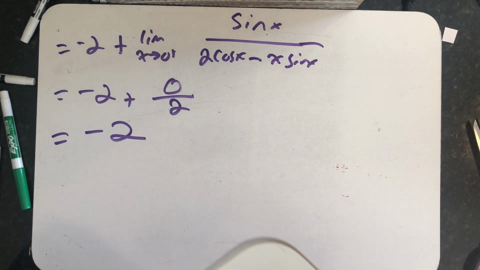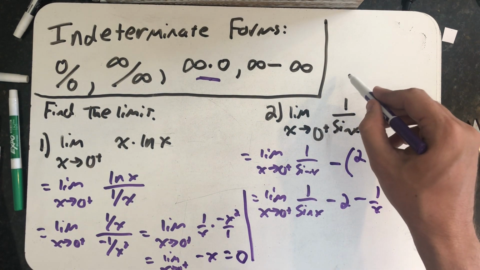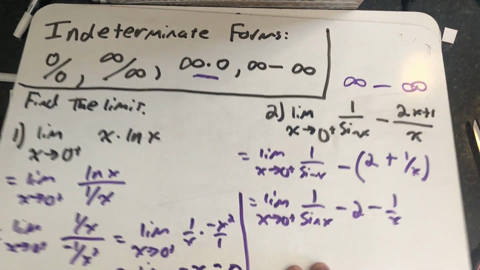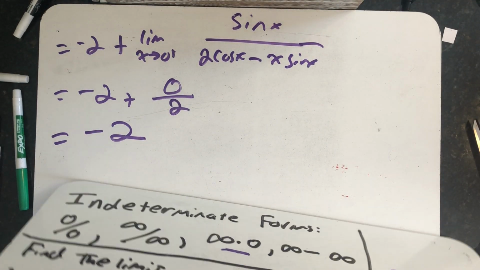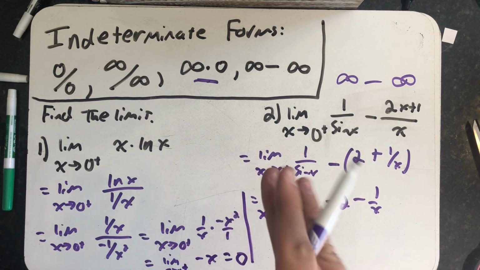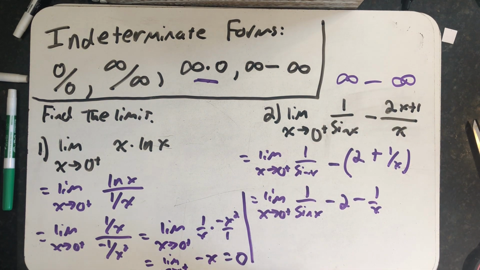All right, one important thing that happened here. The original limit I had was in the format infinity minus infinity. And my final answer is minus 2, which tells me that I can't look at something that says infinity minus infinity and say, well, it's 0, because I'm subtracting two infinite quantities.